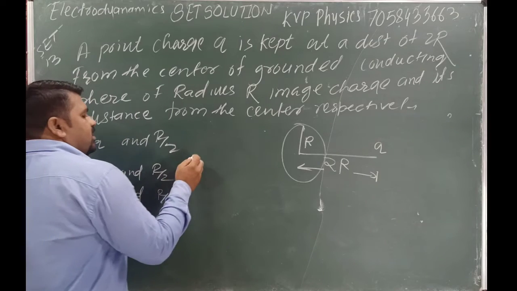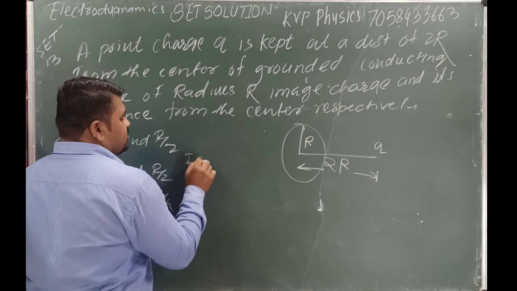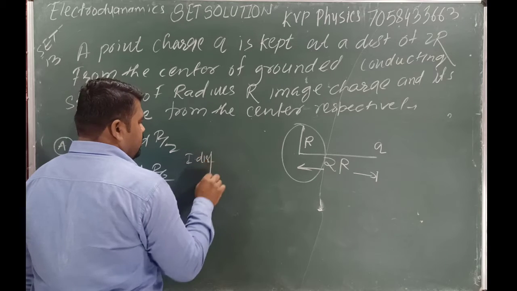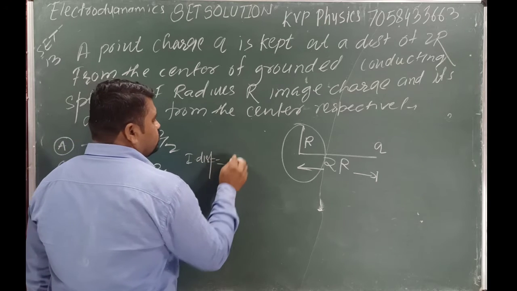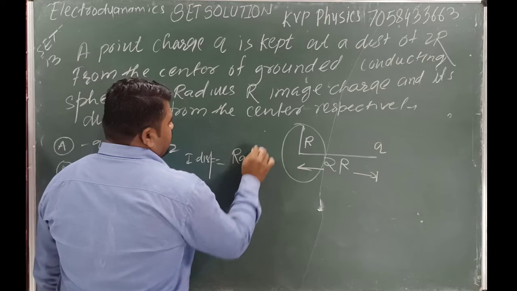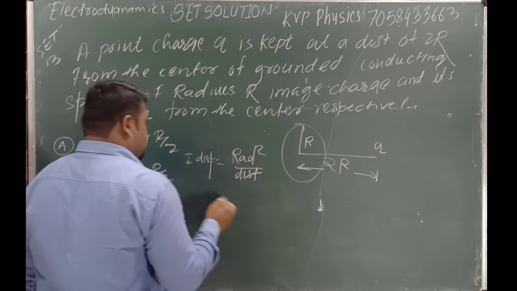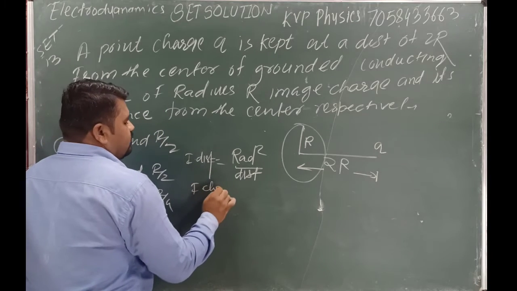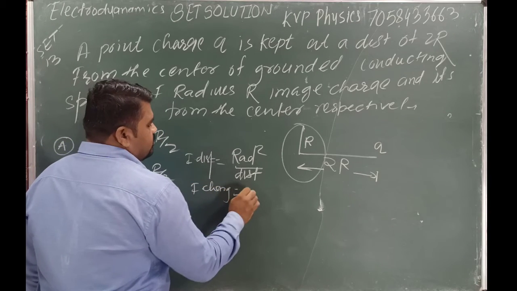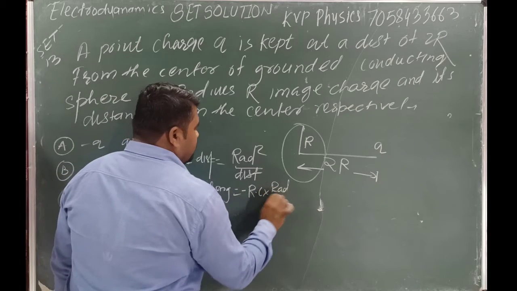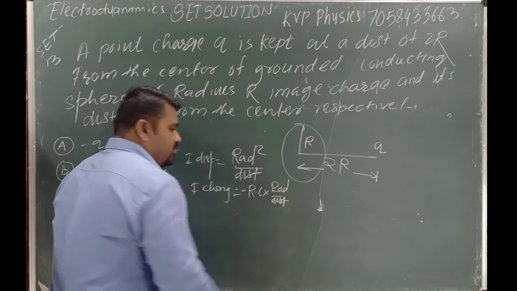Memorization: image distance is equal to radius square upon distance, and image charge is equal to minus real charge into radius upon distance. This is the memorization. Okay.